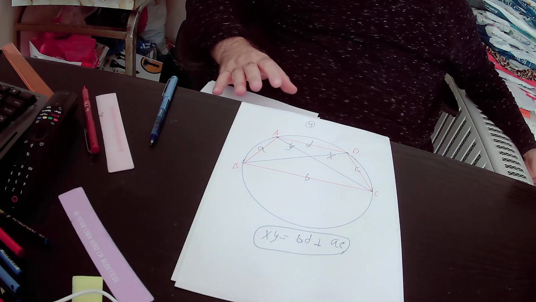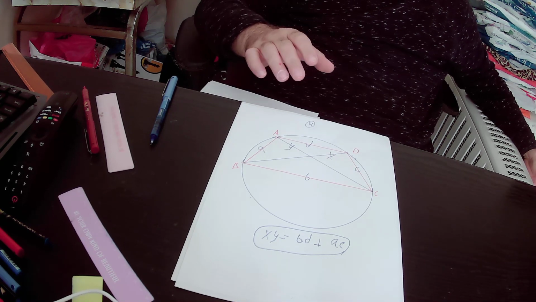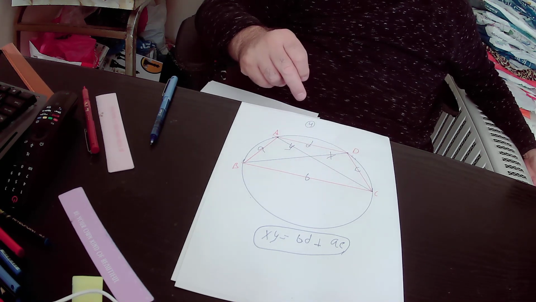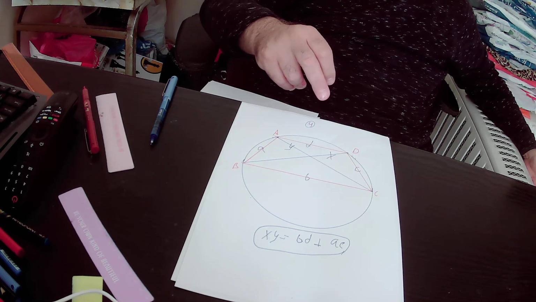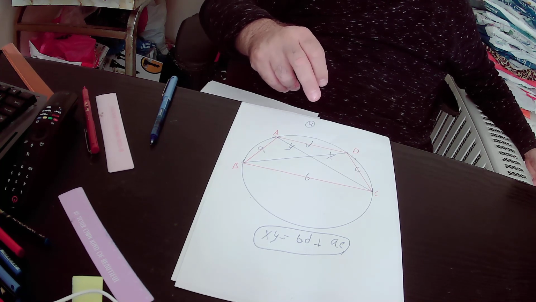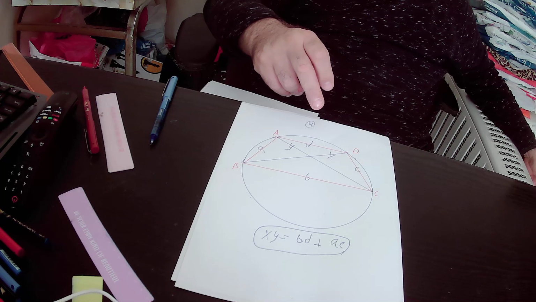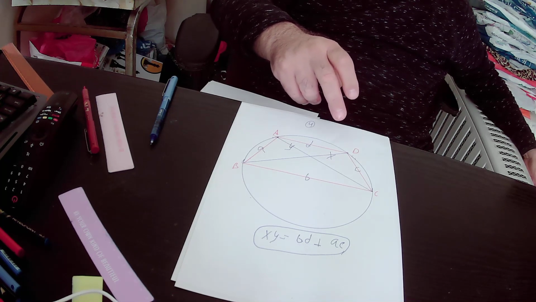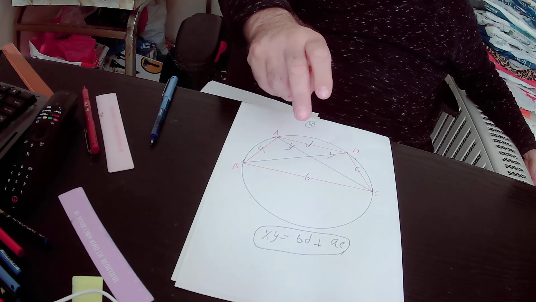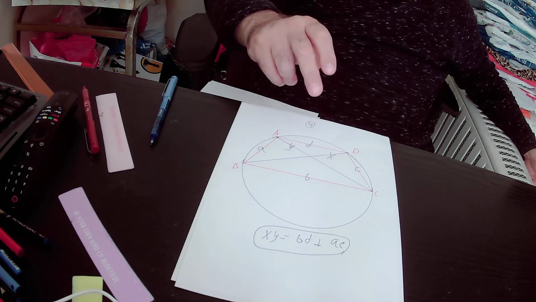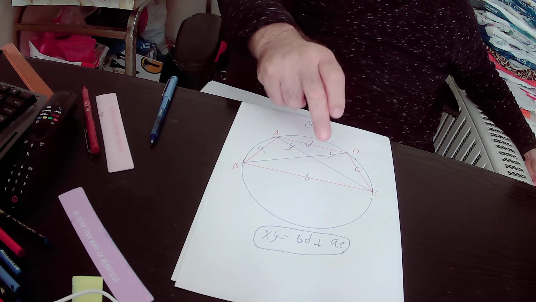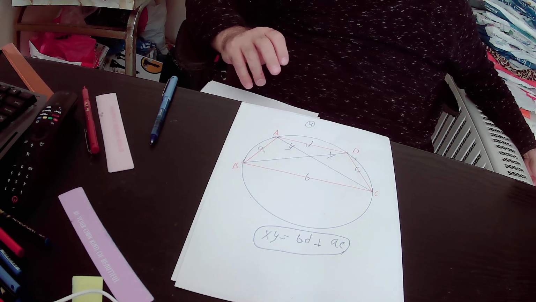So whenever you have a quadrilateral ABCD that is inscribed by a circle, then the product of its diagonals, x times y, will be equal to the sum of the products of its opposite sides, BD plus AC.